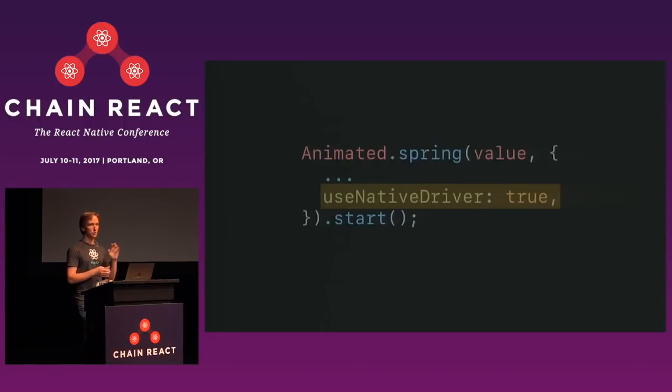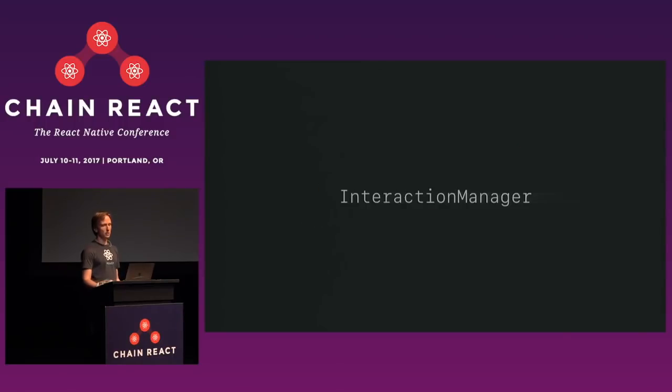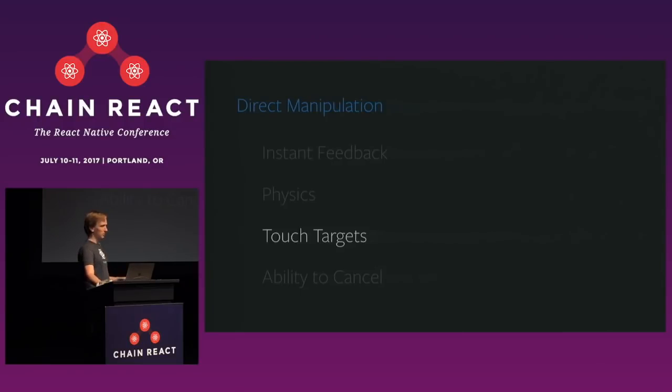Again, React Native provides this useNativeDriver thing that you should use to make sure that all animations are not stopped by JavaScript. Also, there is the InteractionManager module that you can use to coordinate your complex computations and to not interrupt touch and animations.